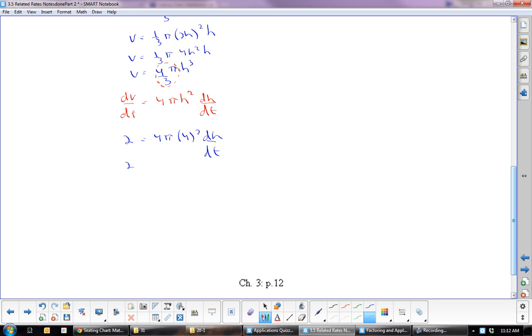Okay, so 2 equals 4 times 4, 64 pi dh over dt. That's going to be 1 over 32 pi equals dh over dt. The 2 over 64 would reduce to 1 over 32.